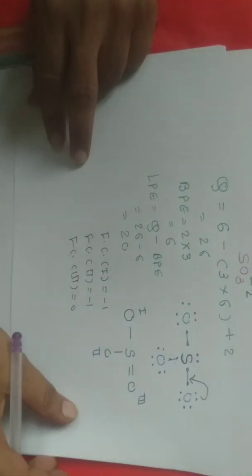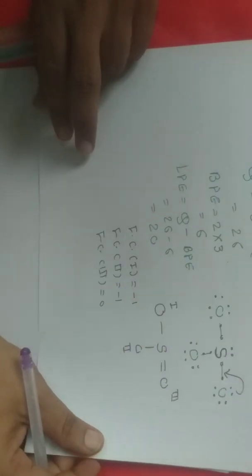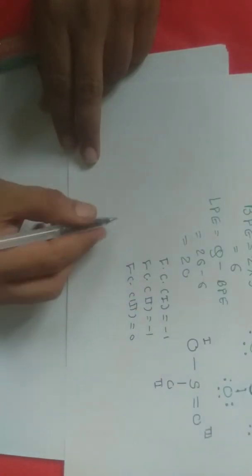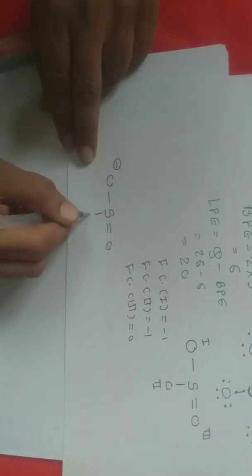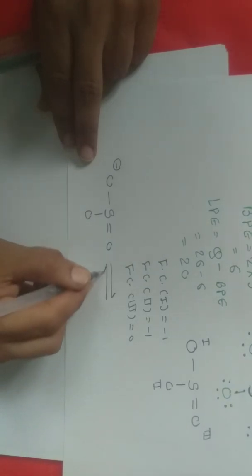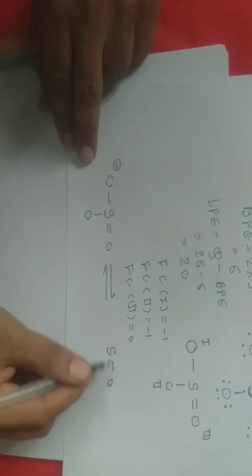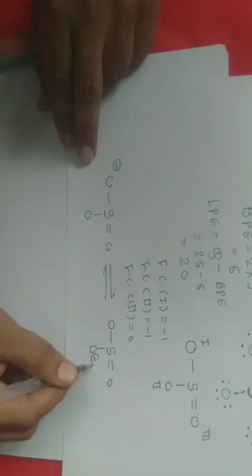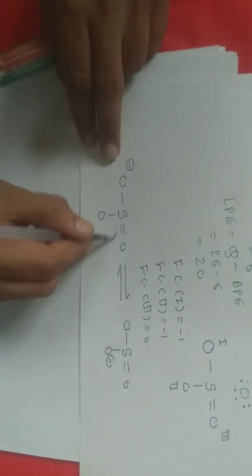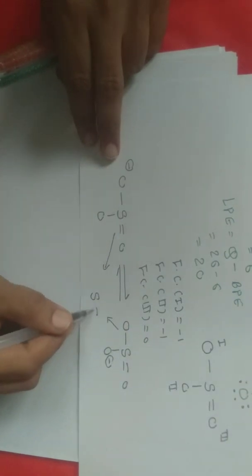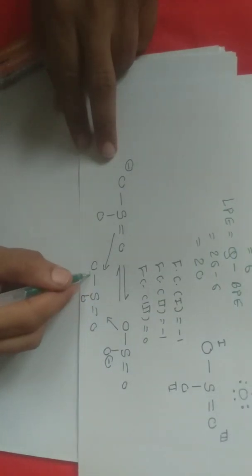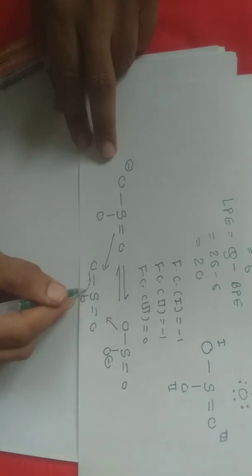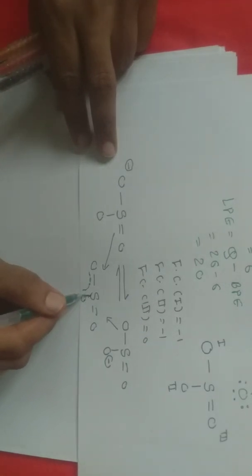Again, its resonating structure is something like this: sulfur double bond oxygen, with the negative charge on the other oxygens. Sometimes you will find sulfur double bond O on a different oxygen, and the negative charge on this. So its common structure is like this: oxygen, oxygen. This negative charge is continuously moving between these 2 oxygens. So this is the common structure we can prepare for this SO3 2-.